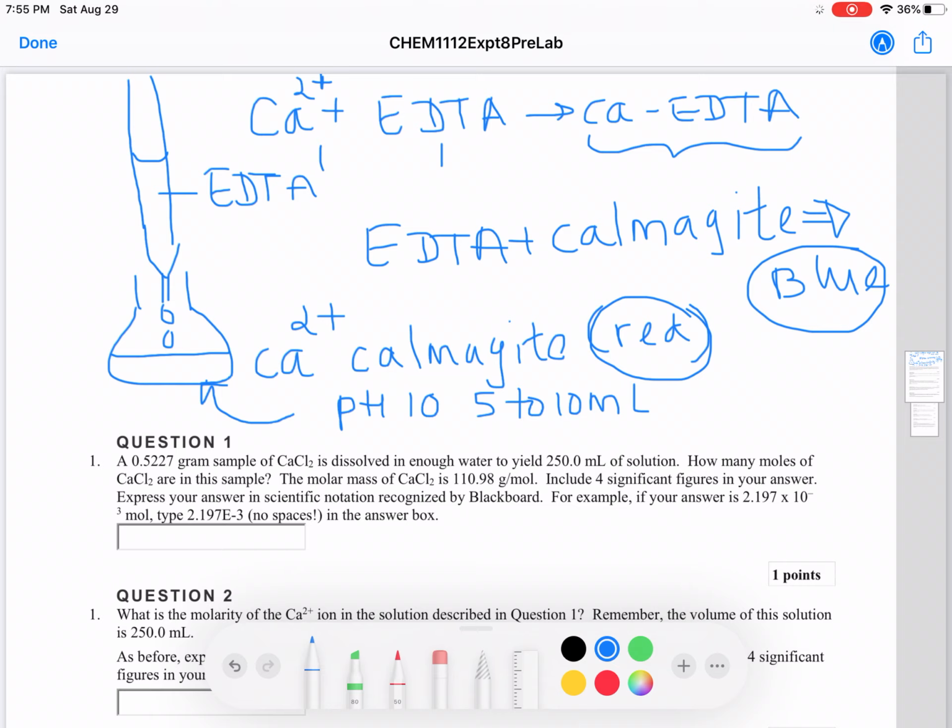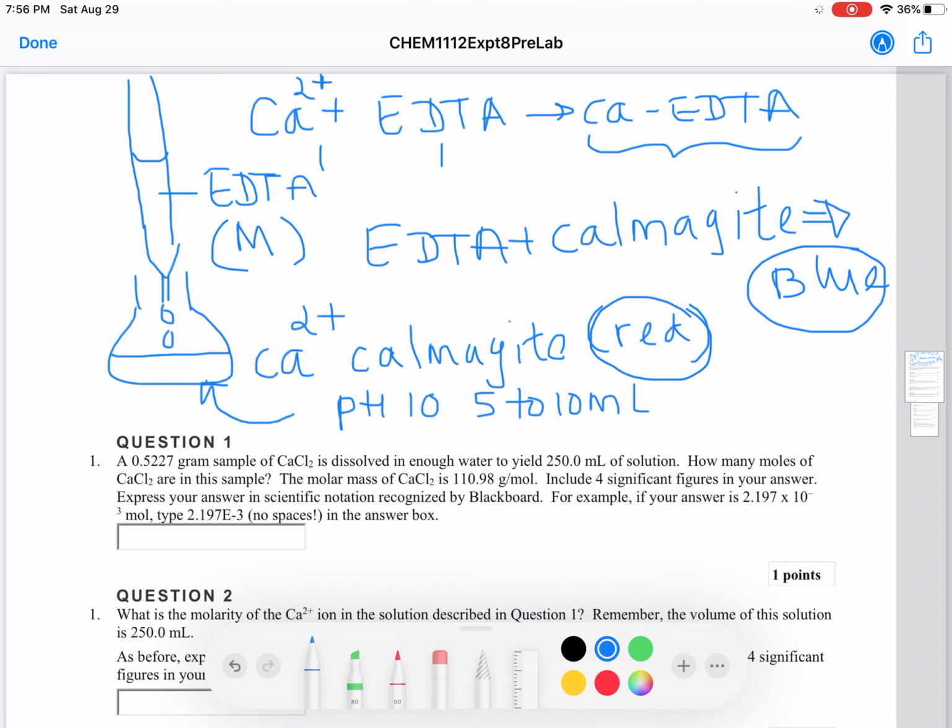We know the molarity of EDTA, and we can also find the volume of EDTA that you used. From the molarity and the volume, we can find the number of moles of EDTA. Since the molar ratio is 1 to 1, that's going to be the same number of moles of calcium ions in the sample.